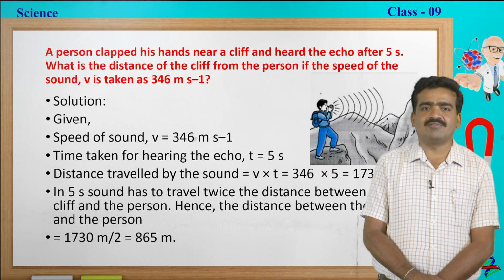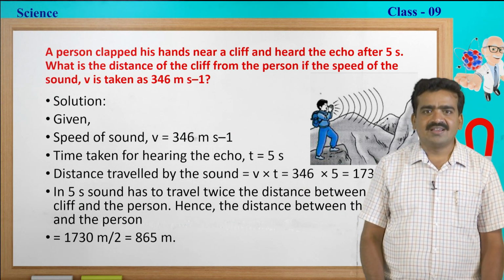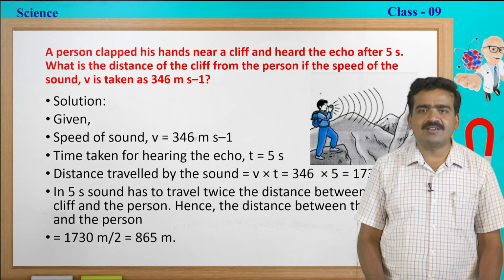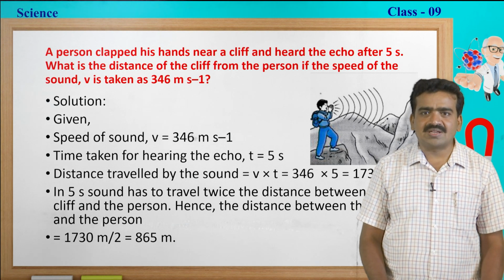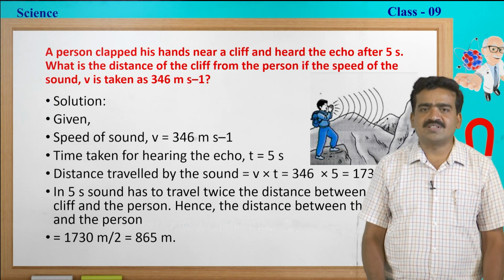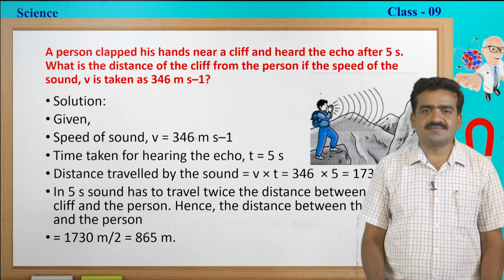Now, let us solve a problem related to the echo. The question is like this: a person clapped his hands near a cliff and heard the echo after 5 seconds. What is the distance of the cliff from the person if the speed of sound is taken as 346 meters per second?